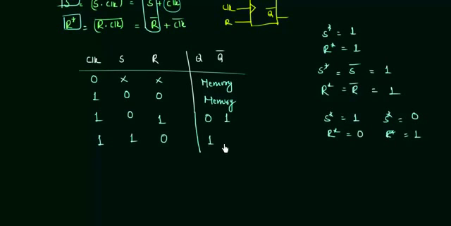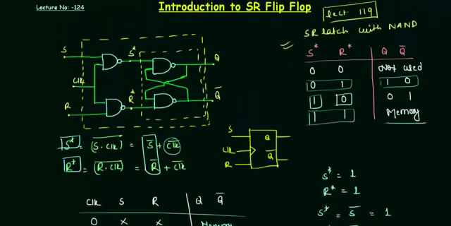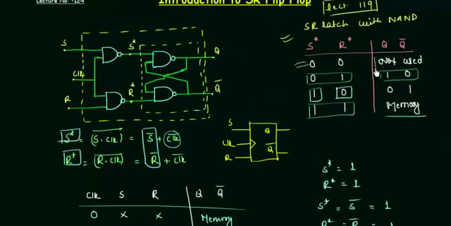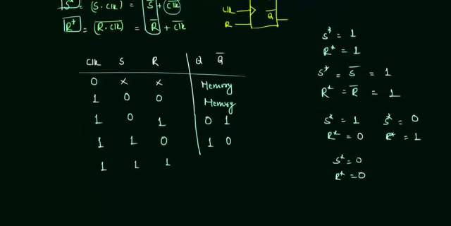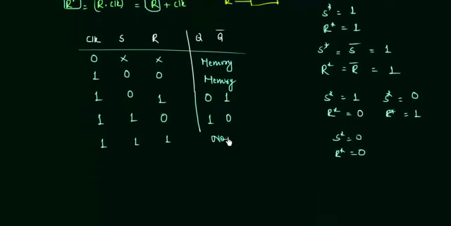So Q is 1 and Q complement is 0. Now let's check for the last case. When S is 1 and R is 1 with the clock as high, I'm having S star as 0 and R star as 0. And when this happens, it is the first case and it is the not used case, it is the contradictory case. So we are having not used.